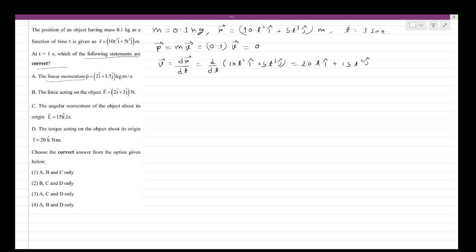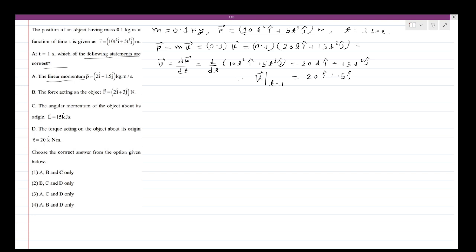Therefore, we can write 0.1 into 20 t i cap plus 15 t square j cap. So at t equals 1 second, we put t equals 1 in the expression of p vector. Therefore p vector at time t equals 1 second will be 20 i cap plus 15 j cap.